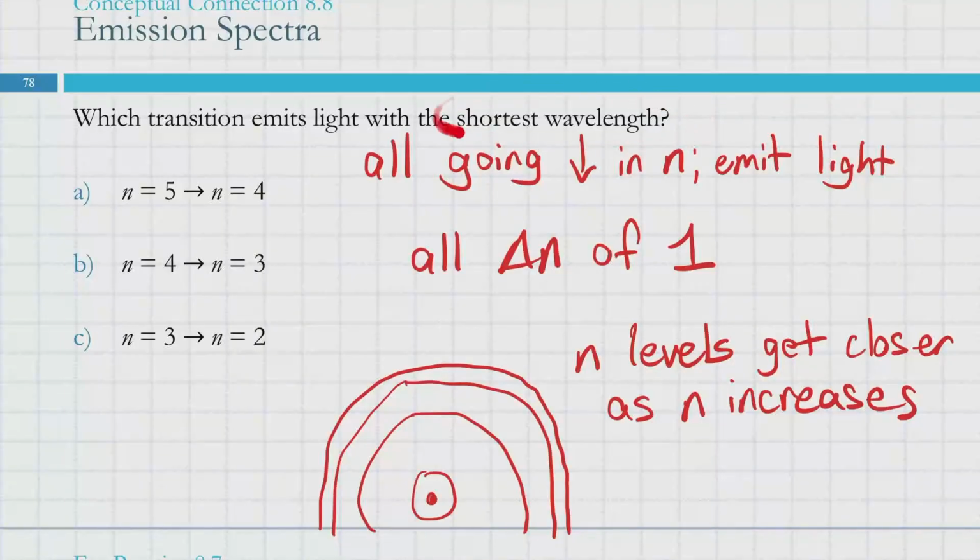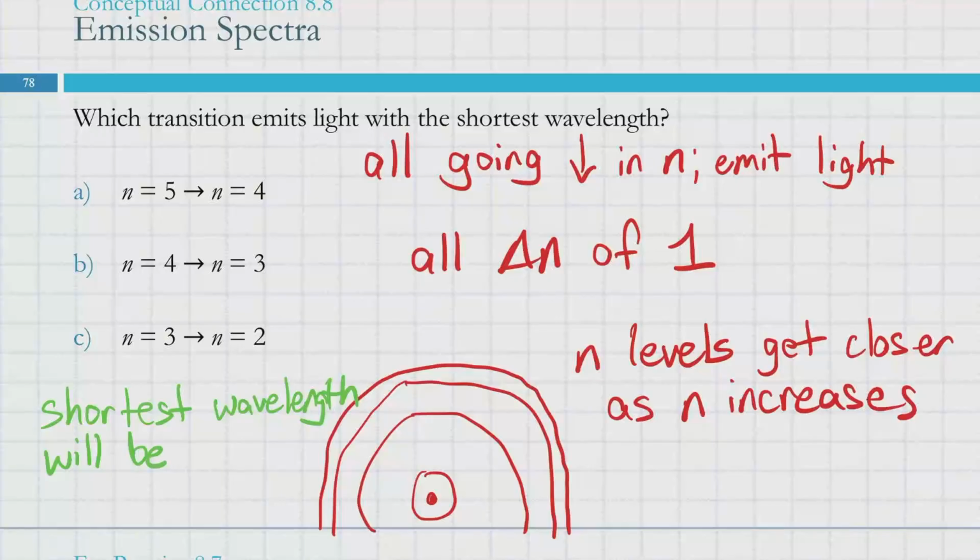We want the shortest wavelength. What is the shortest wavelength going to mean for the light? Is it high energy or low energy? Shortest wavelength will be highest energy. So for the highest energy, do we want the biggest distance or do we want the smallest distance?